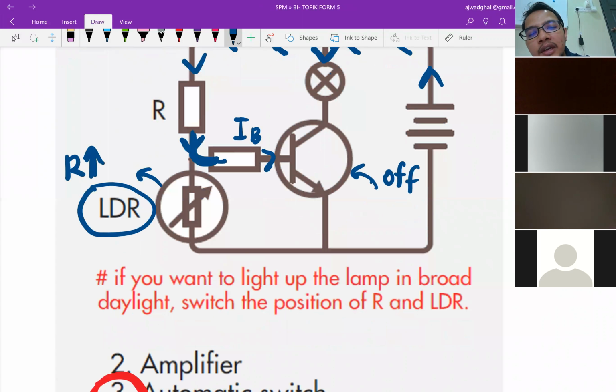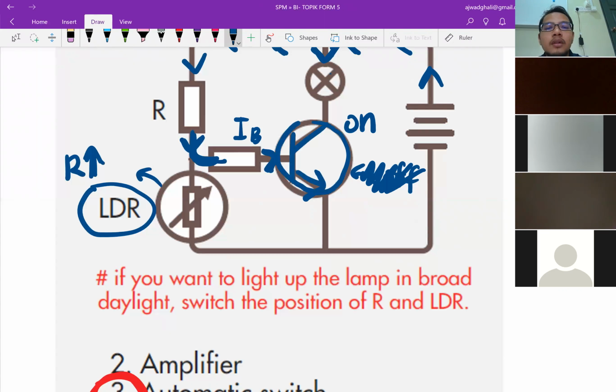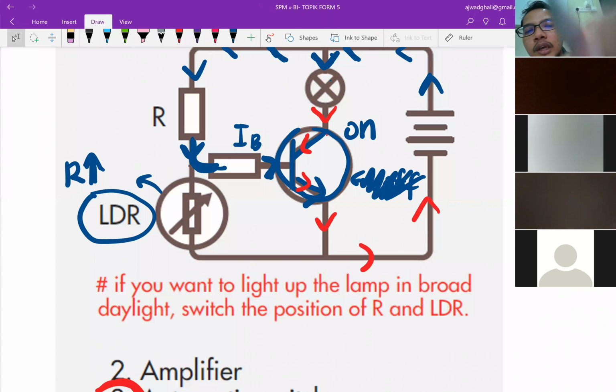Now there's a base current, so the transistor will be on, not off anymore. When it is on, current from the top can flow through the transistor and complete the circuit, and this bulb will light up. It's just an explanation for you to understand how it works.